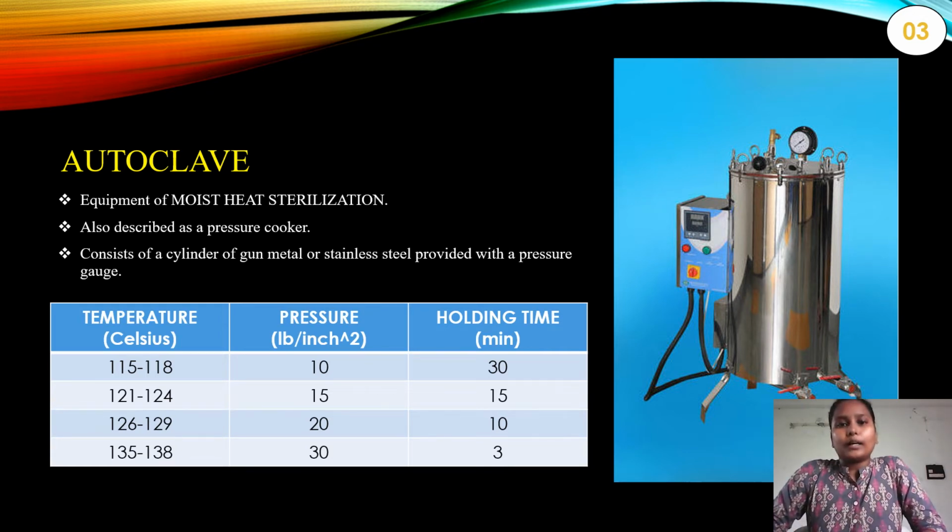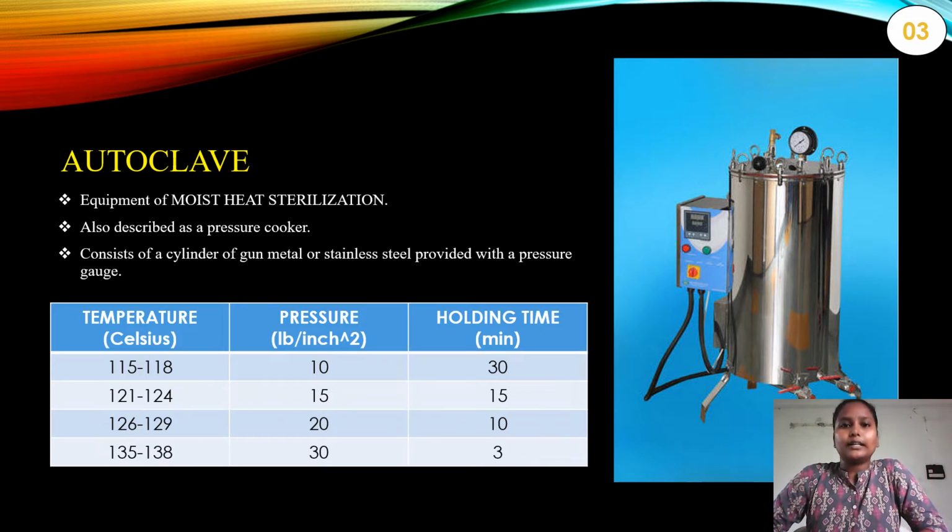Firstly, to operate this, water is allowed into the autoclave, in which the heating element should be completely immersed. Then the heater is switched on. Firstly, the steam vent is open until the displaced air will be removed. Then the steam vent is closed.